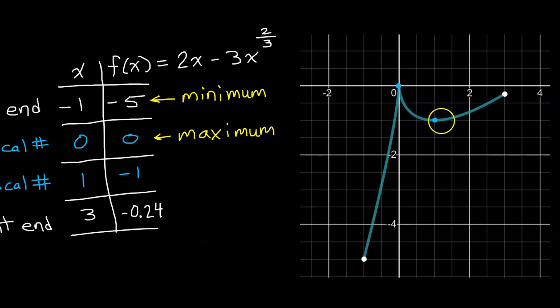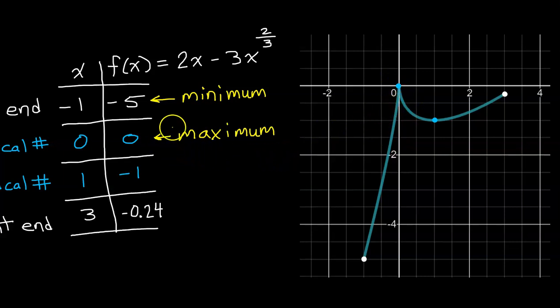And specifically, you can see that this is the critical value where the derivative was 0. You can see right here the slope of the tangent is 0. And this is the critical value where the derivative was undefined, because the derivative is always going to be undefined at a sharp turn like this.